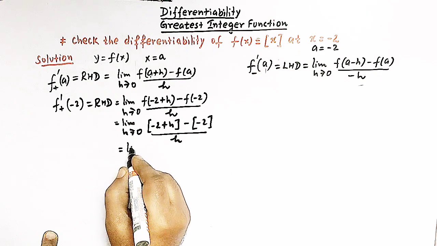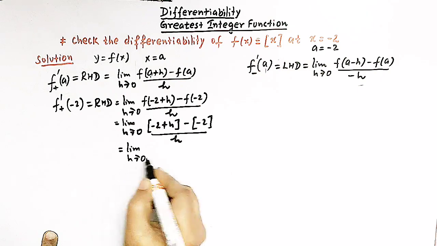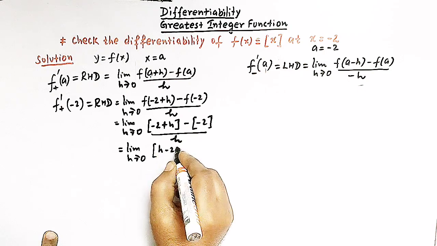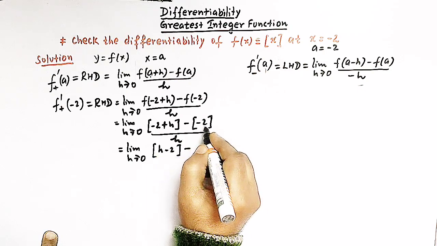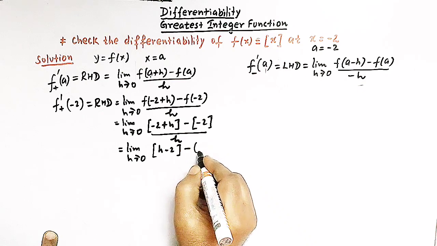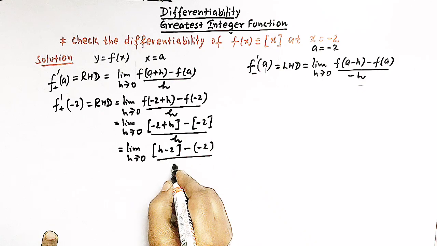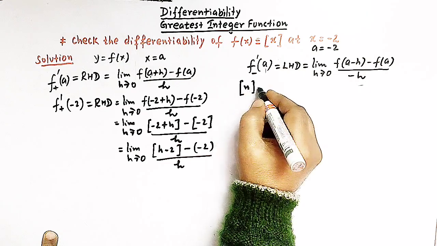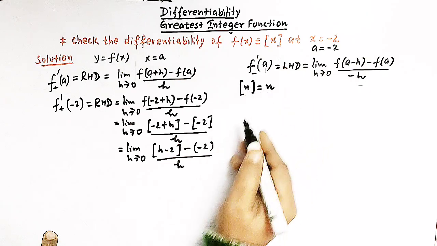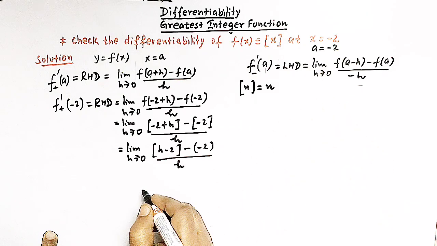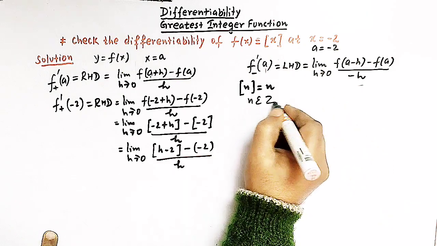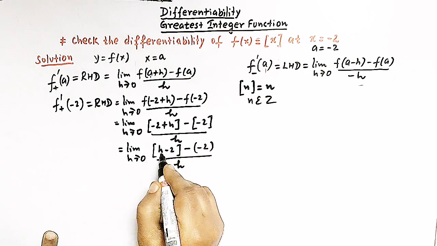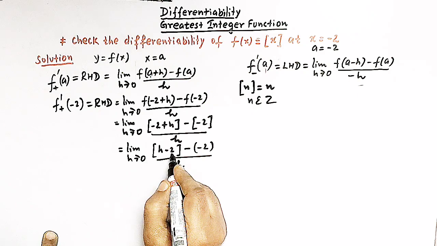Now we can write limit h tends to 0, where minus 2 plus h can be written as h minus 2, and the greatest integer of minus 2 is simply minus 2, because the greatest integer of an integer n is the integer itself. Now we have to assign a value to greatest integer of h minus 2.